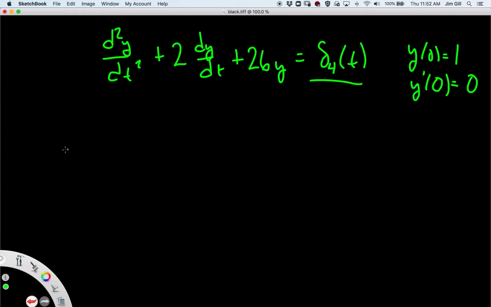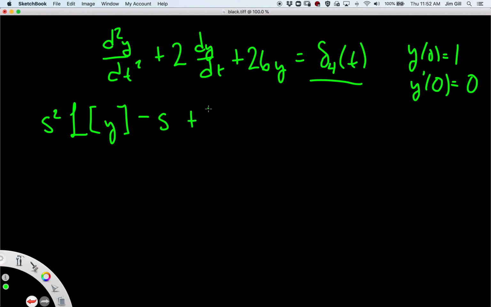So we want to solve this differential equation, so we're going to take the Laplace transform. And the left-hand side gives us s squared Laplace transform of y by using the property for the second derivative, minus s times y at 0, which is 1, so we get a minus s, and then minus y prime at 0, which is 0, so we get no term there.